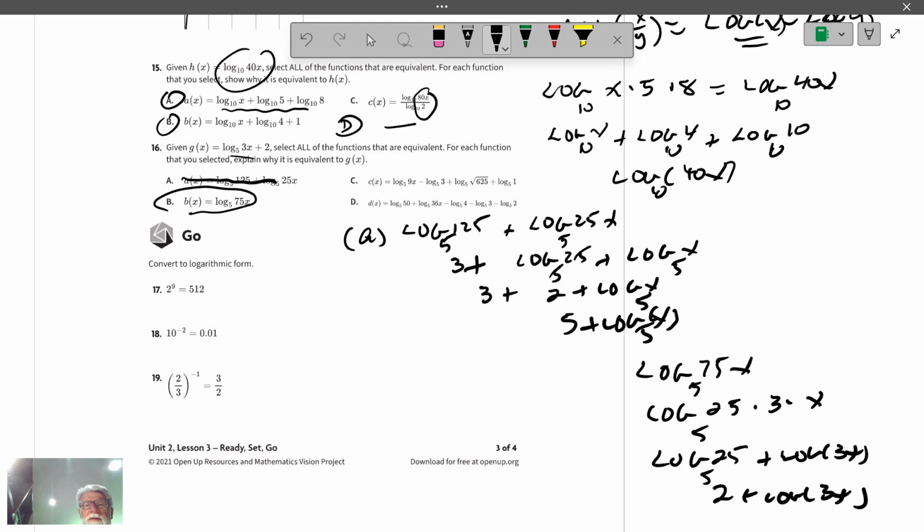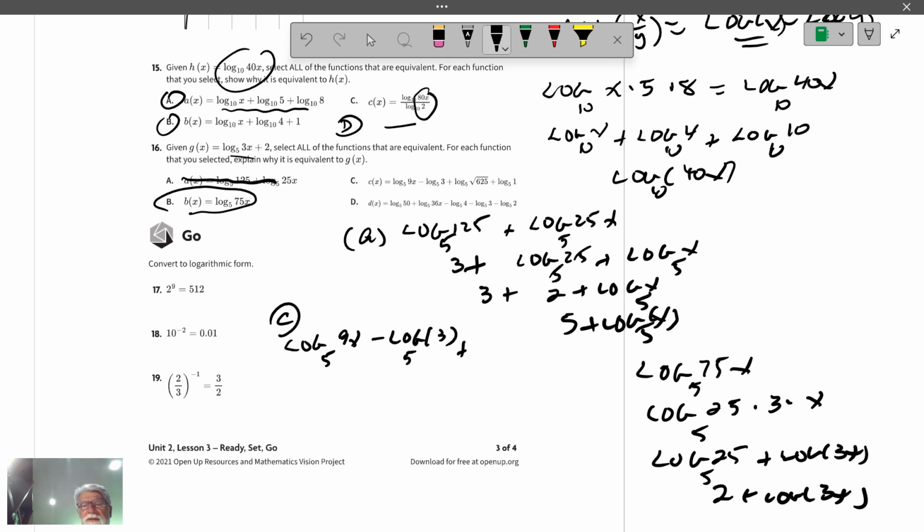Now in the case of C, which is tough to squeeze in here, on C, we have what? Let me make some room here. Let's see. So we have the log of 9x in base 5 minus the log of 3 in base 5.